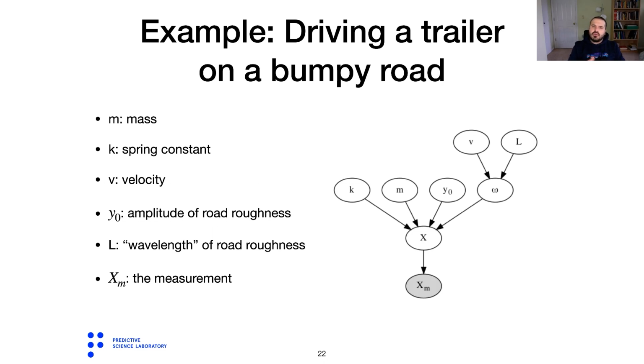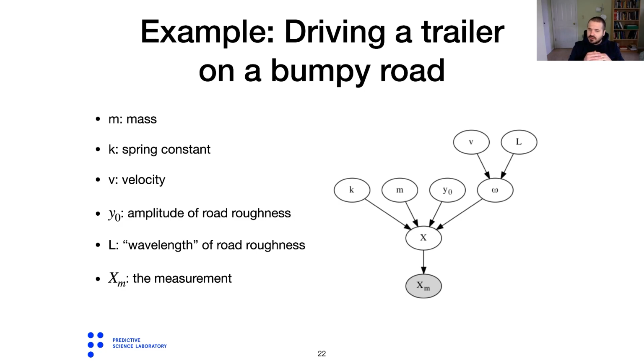In the trailer example that we saw in the previous video, let's say we have a pretty good idea about k, m, and maybe the velocity with which we're traveling, and we don't know y naught and l, the amplitude of the road roughness and the wavelength of the road roughness. But let's add a sensor to the trailer that measures the amplitude of the oscillation, and that sensor gives us the measurement xm.